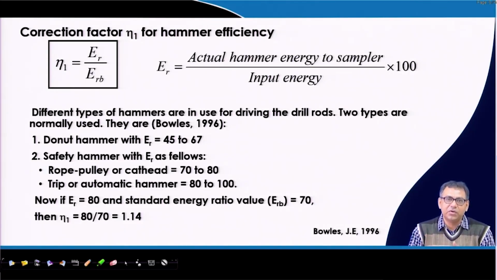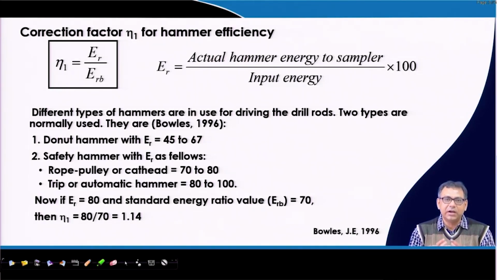So, there is a standard energy that we are applying during the blows. This is my height, this is the weight, and this will be the free fall. So, everything is standard.